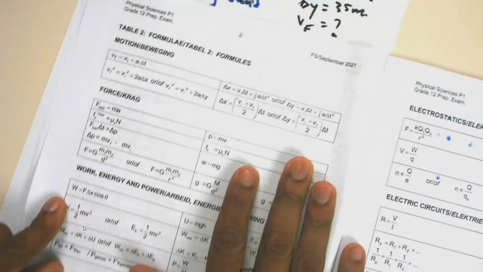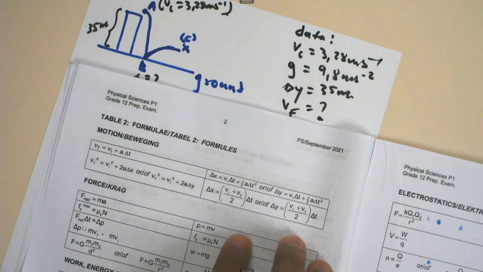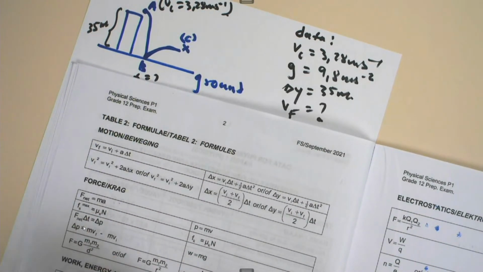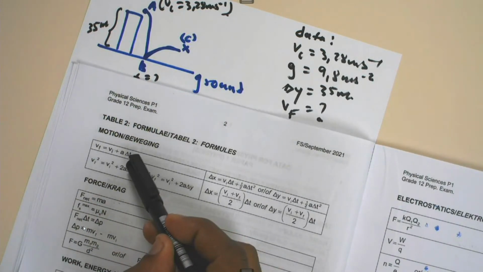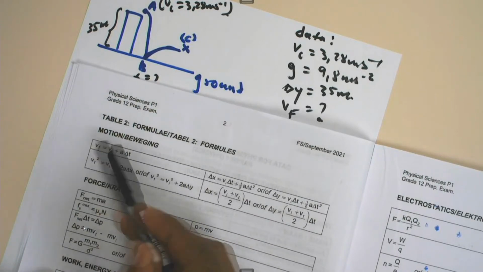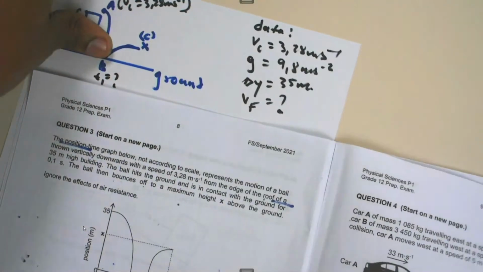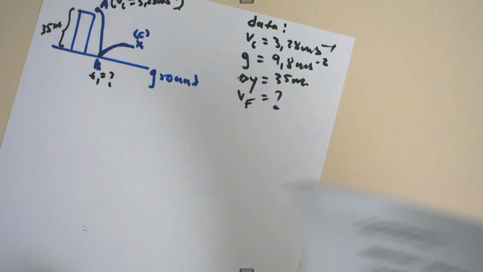That is how easy it can get. So I have V initial, I have V final, I have delta y. Yes, then I can calculate the V final thereof. So it shouldn't be complex even if the graph is given.